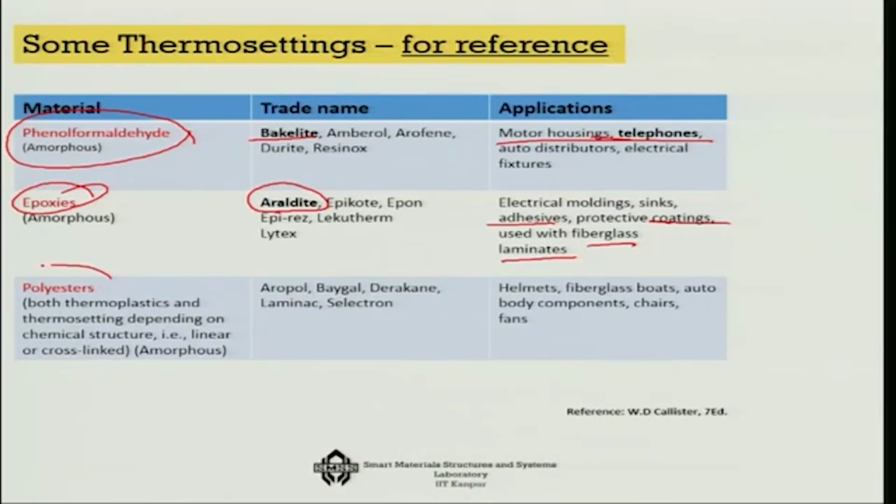And then the polyesters, which can be thermoplastic or thermosetting, which means they can be either amorphous or semi-crystalline. There are many trade names like Laminac, Selectron, etc., used in helmets, fiberglass boards, chairs. So these are some of the regular thermosettings for your reference.